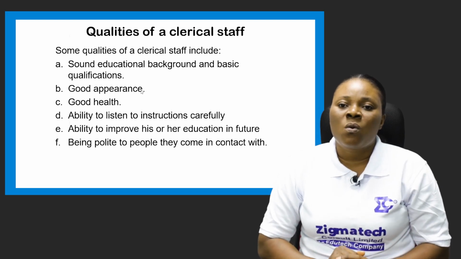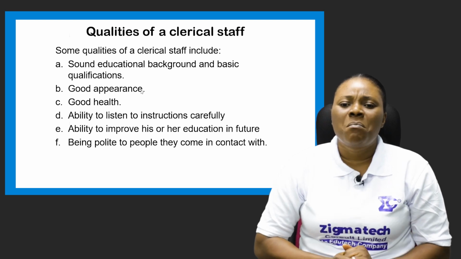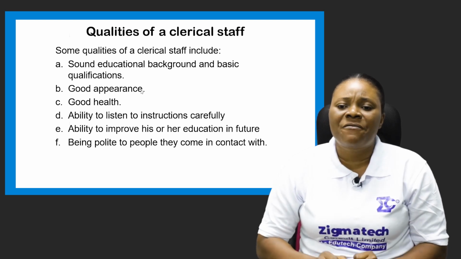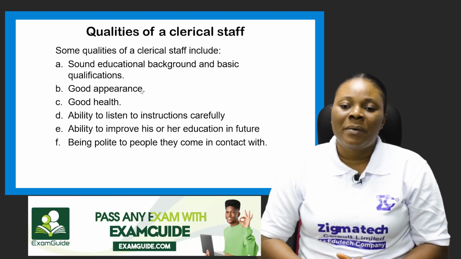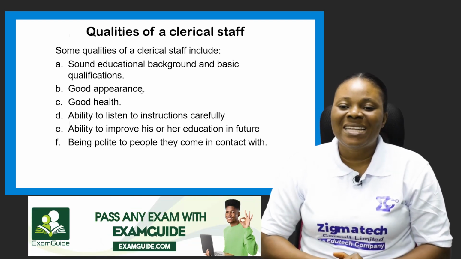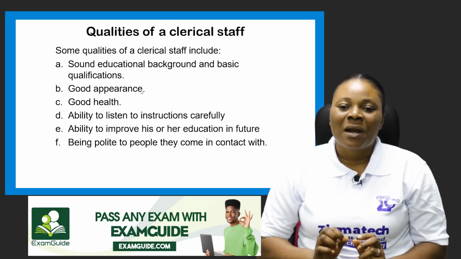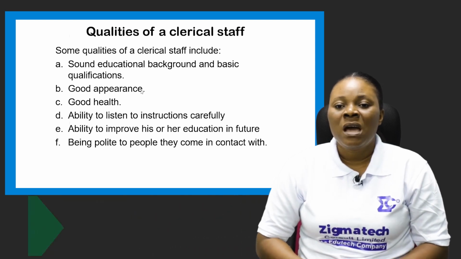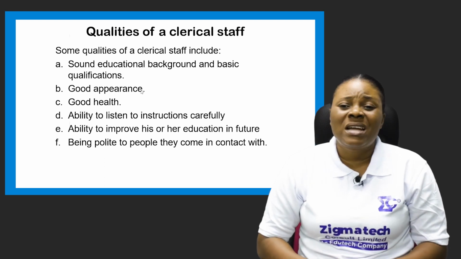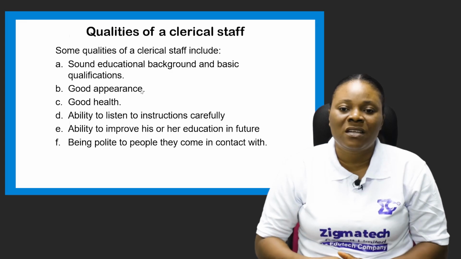Then the last quality of a clerical staff is that a clerical staff must be polite to everyone they come in contact with. Remember, it's always said that customers are always right. So a clerical staff is meant to be polite to people, visitors. Remember, as a clerical staff, you are an ambassador in that establishment. Why did I call you an ambassador?